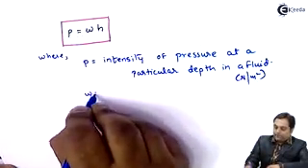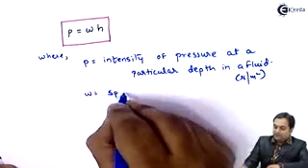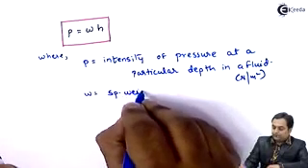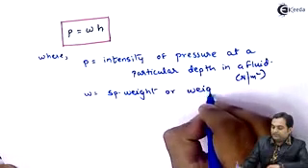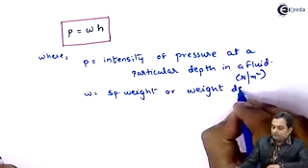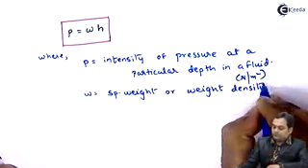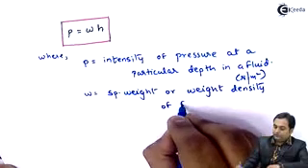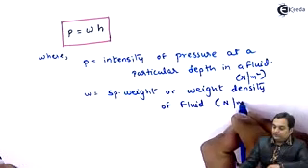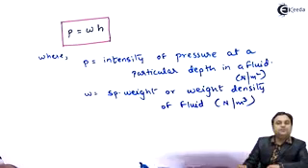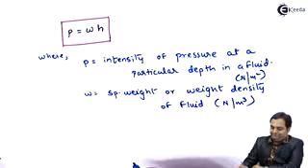W is the specific weight or weight density of fluid. Its unit would be Newton per meter cube, or it can even be kilonewton per meter cube.